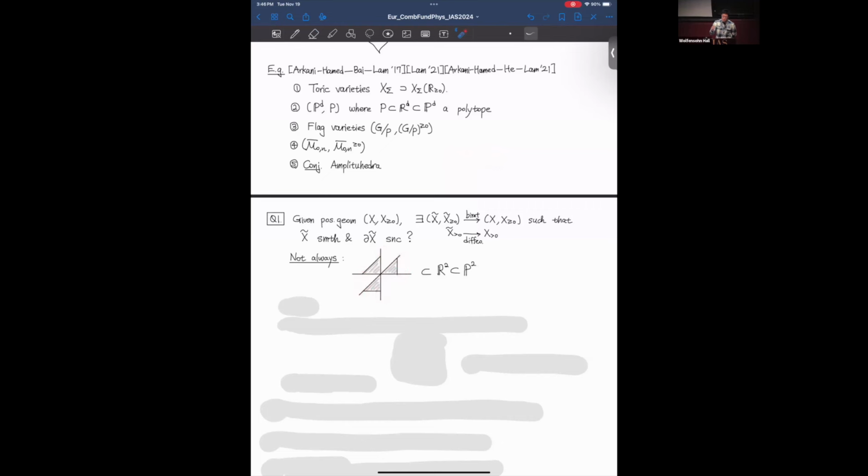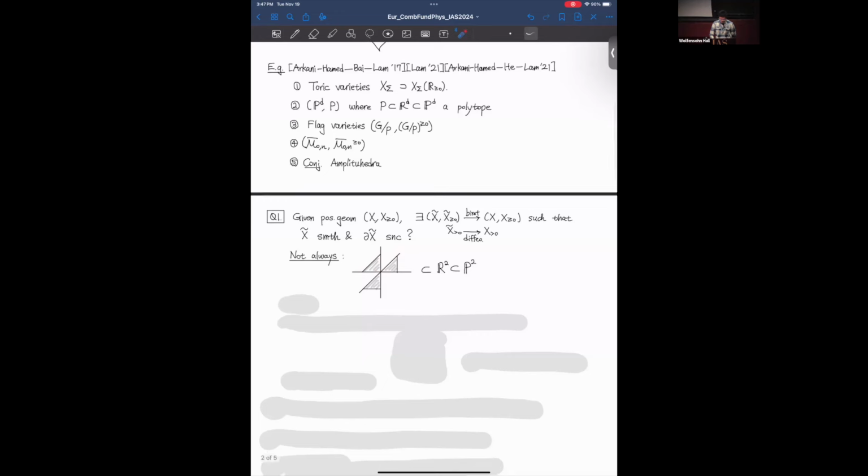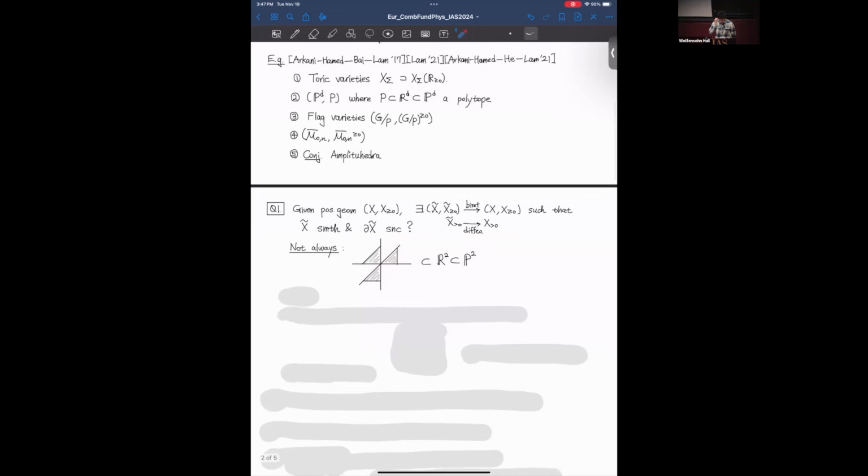And whatever log resolution of singularities one does that modifies this point will have to blow up that point. And as soon as you blow up that point, the best you get is a pseudo-positive geometry. So it's a somewhat synthetic example, but at least in full generality, the answer is unfortunately no.